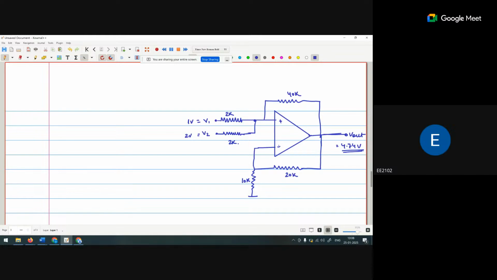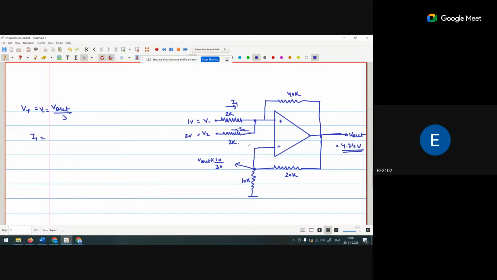Any other? So what is the voltage at this particular terminal? V out into 10 by 30, so V out by 3. That is the voltage at V positive or V negative. Now for the current, this is the I1 current, this is the I2 current.